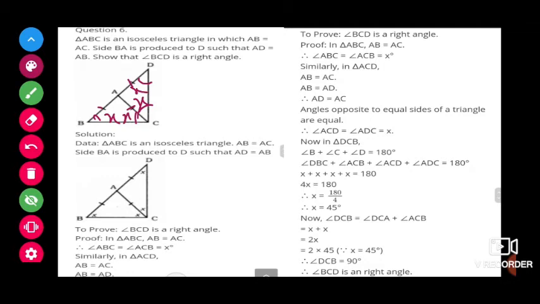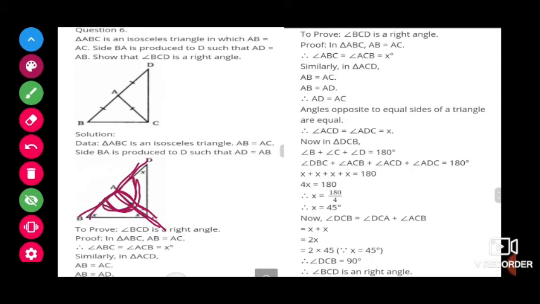Now from both the triangles, the sum of angles will be how much? 180 degrees. In this triangle it is 180, in this triangle it is also 180. In that, angle BAC and DAC are supplementary angles, meaning a straight angle.